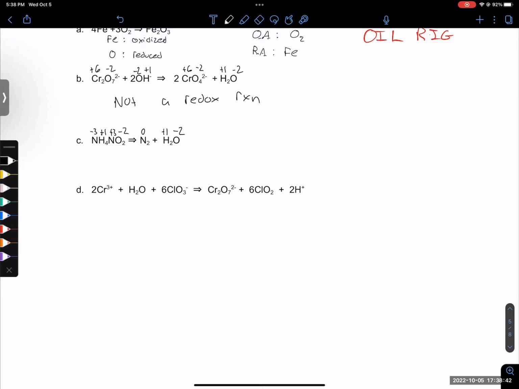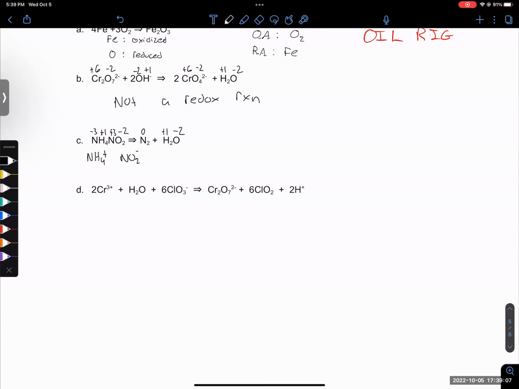Only one of them's changing, but I don't. They cancel each other out. I don't think so. Okay, so you really have here NH4+ and NO2-. At the end of the day, these are both different atoms.